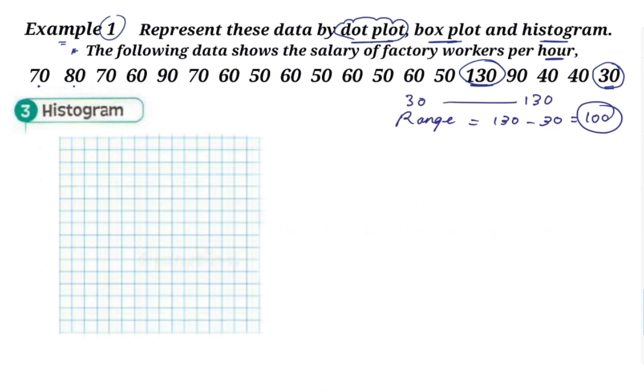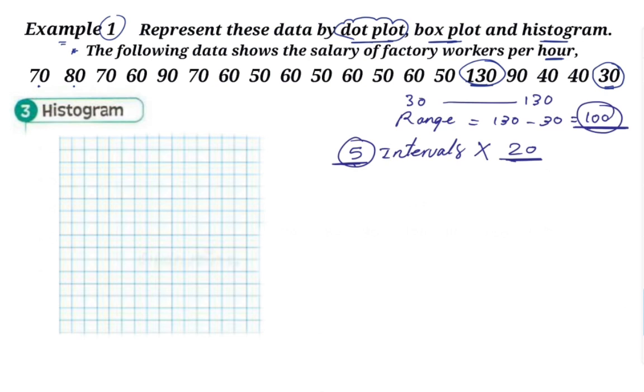For example, I will use 5 intervals. So every interval will be 100 divided by 5, equal to 20. So I will divide this 100 into 5 intervals, each interval 20 numbers.